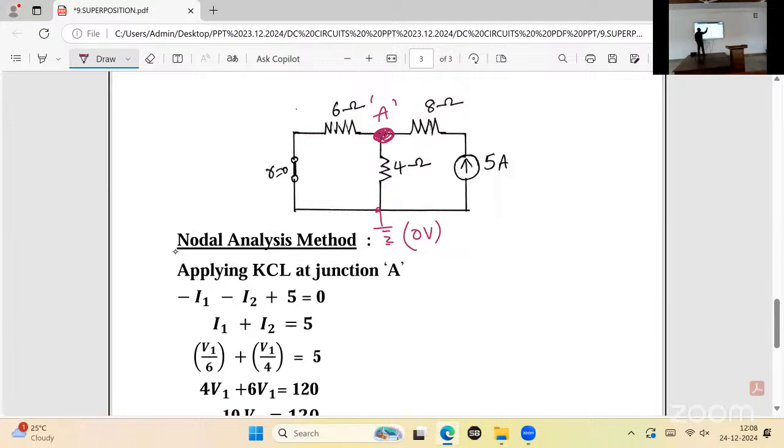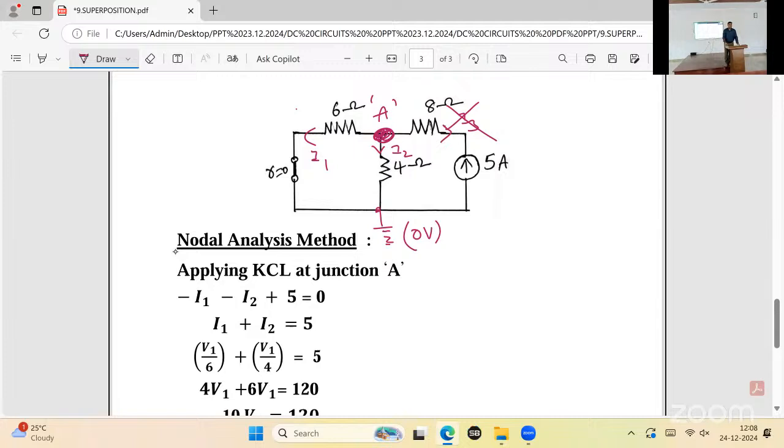The assumption for this one at A is called I1. This is called I2. But I cannot say this is I3, because he has given the current in this branch. That's why no assumption. 5 amperes is toward the junction.